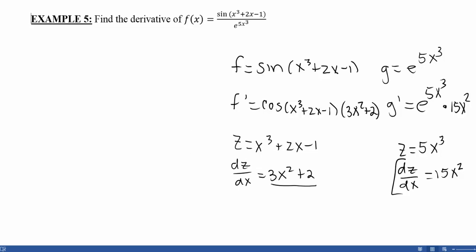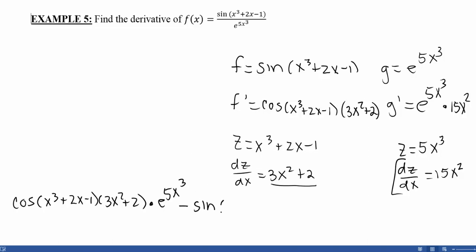So here I'm going to start off by doing f prime times g. So cosine of x cubed plus 2x minus 1 times 3x squared plus 2. That's my f prime times g, which is e to the 5x cubed, minus f times g prime.